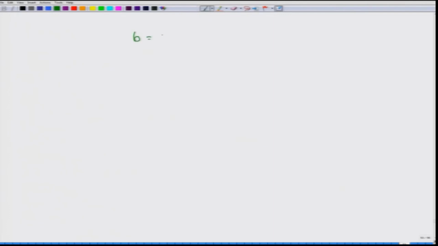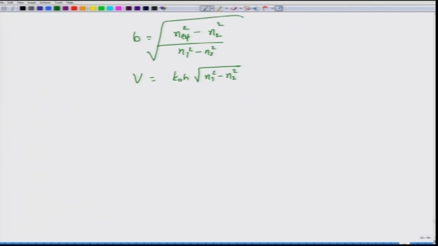We define B as the square root of n effective square minus n2 square divided by n1 square minus n2 square, and then we define V as k0h times the square root of n1 square minus n2 square.